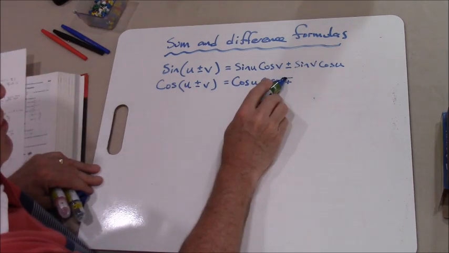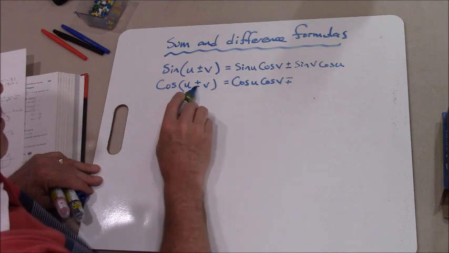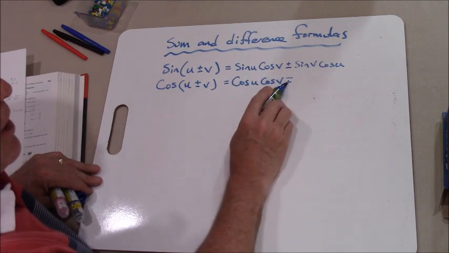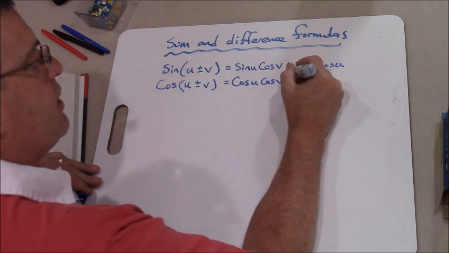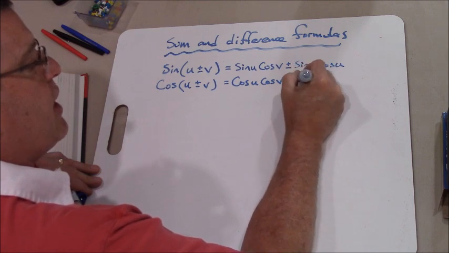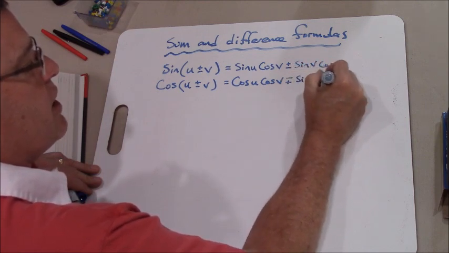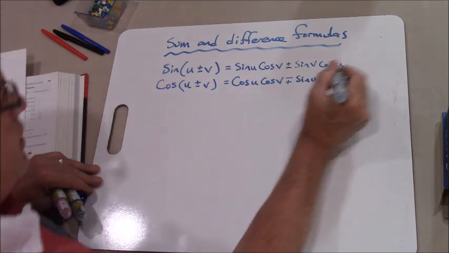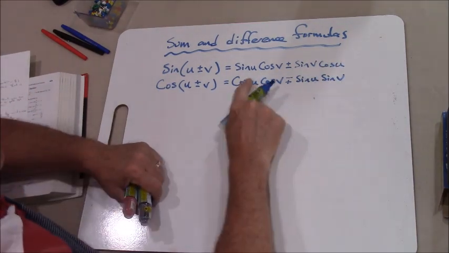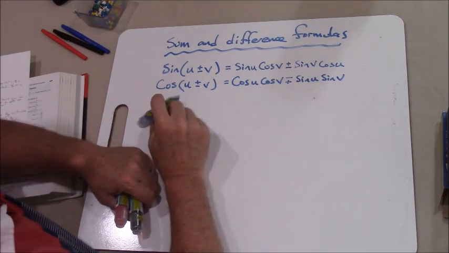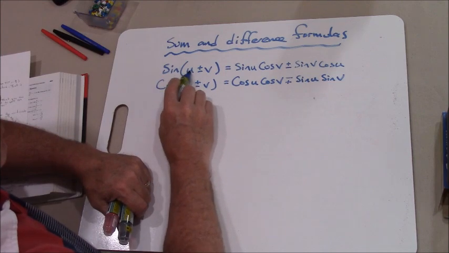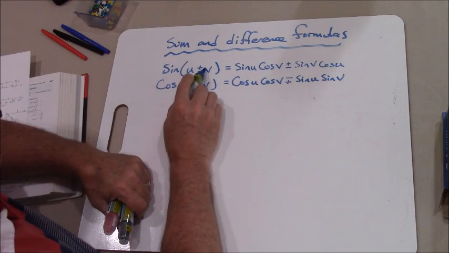Okay, so the top 2 go together, bottom 2 go together. If this is negative, this one has to be positive, right? And then the sine of each of these. So sine of u times the sine of v.